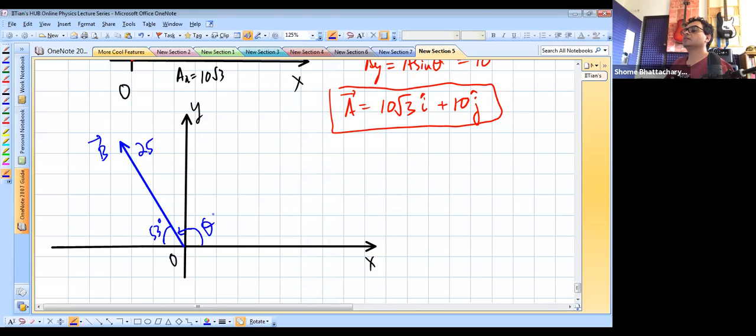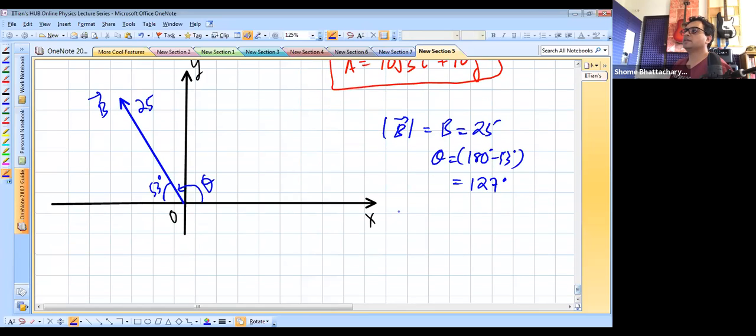So for B, the magnitude is 25, but the angle with the x-axis is actually not 53, it is 180 minus 53, so it is 127.